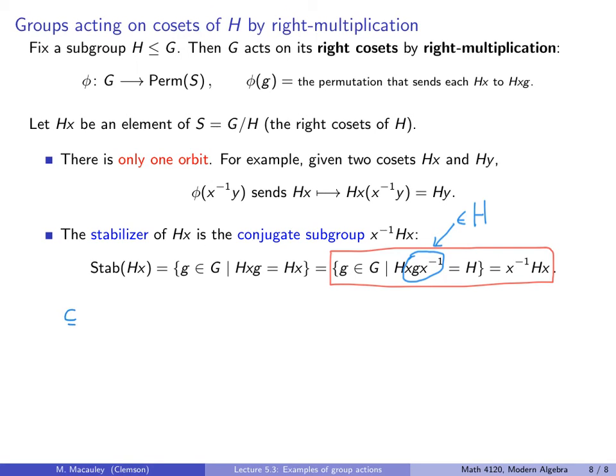So first of all, let's do the first containment. Let's take an arbitrary element in the left-hand side and prove that it's in the right-hand side. So let's take G in our group such that x G x inverse lies in H. Now what we have to do is show that it is in this conjugate subgroup. In other words, we have to write G as x inverse times something in H times x.